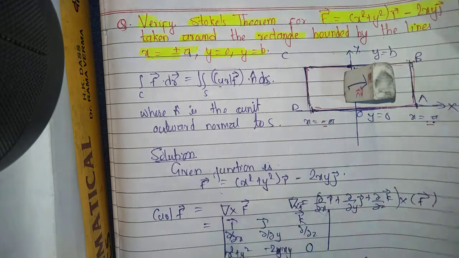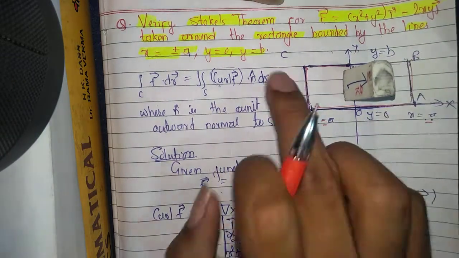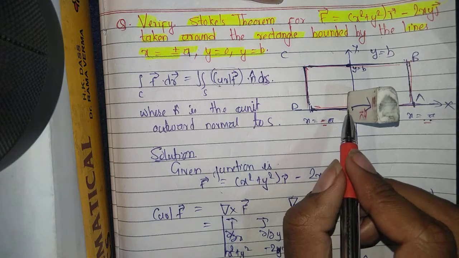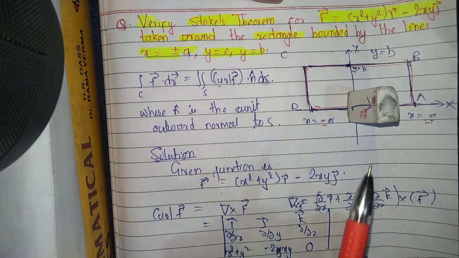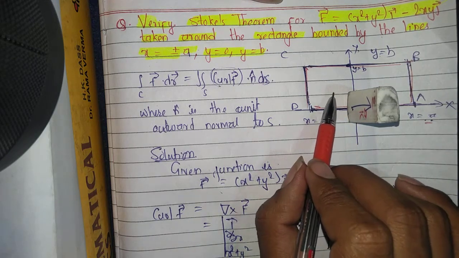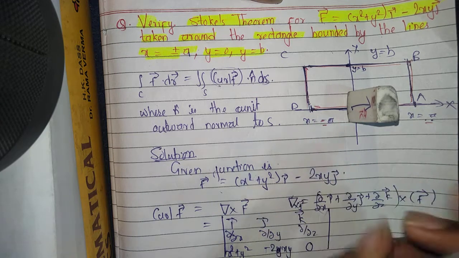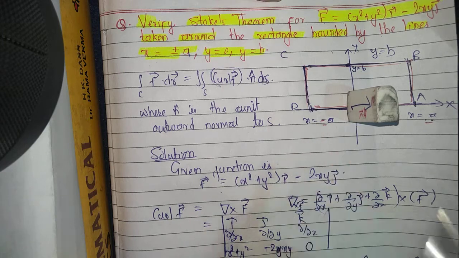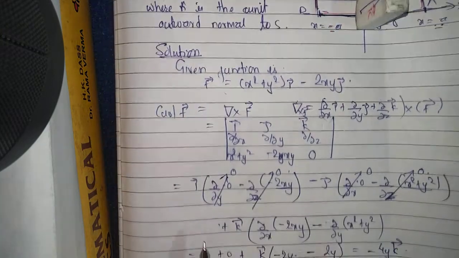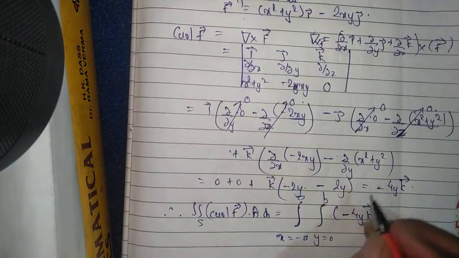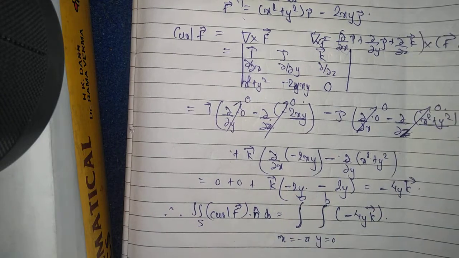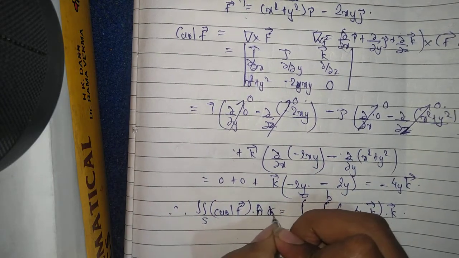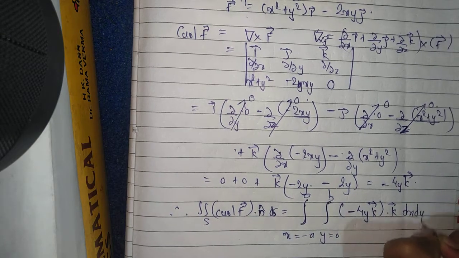Let us assume that our rectangle is in the xy plane and the z axis is perpendicular to the xy plane. So the outer direction of the rectangle is also along the z axis, so n cap equals k vector. Using n cap as k vector, we can change ds to dx dy.